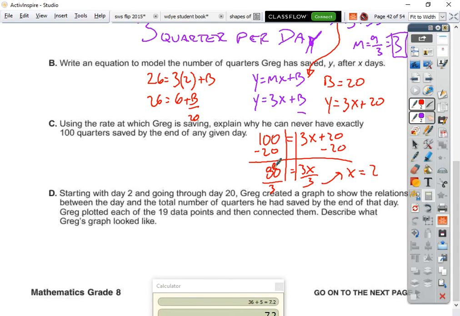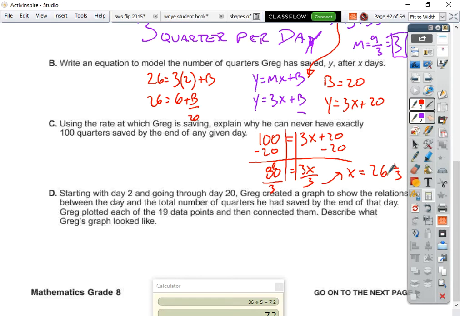So you'd end up with x is equal to 26, carry the 2. 3 goes into 26 times. So this means that he would have 100 quarters after he found his first quarter on the 26th day. But that's not the end of the day, because he'd go on to find 2 more.